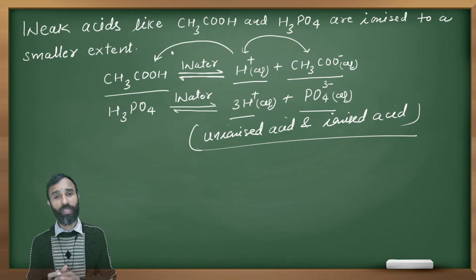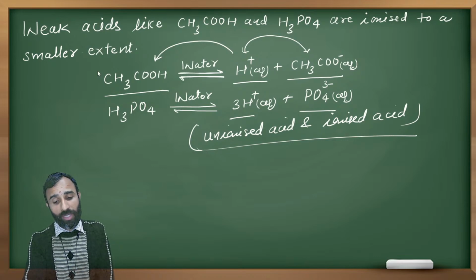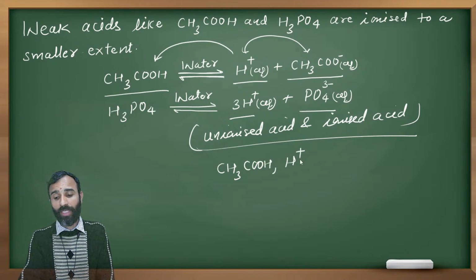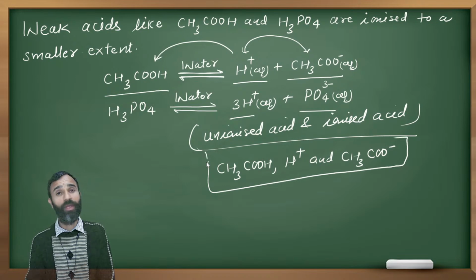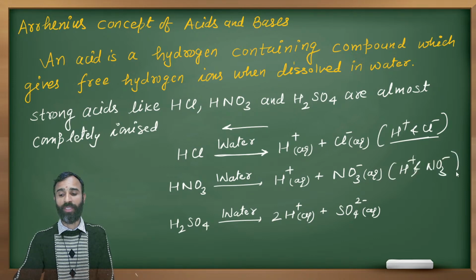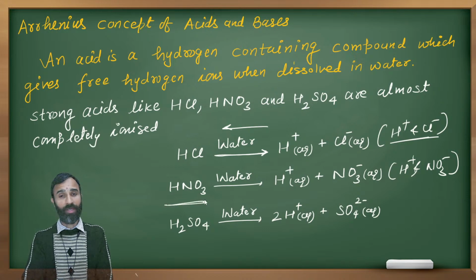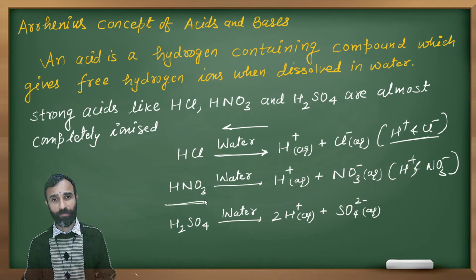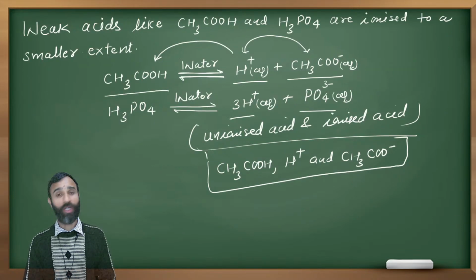So in the equilibrium mixture, this acetic acid, H plus and acetate ion, all of them are present. But in the first case, only H plus and Cl negative ions are present. In HNO3, H plus and NO3 negative ions are present. HNO3 in combined state is not present. That's what I said. Got it?